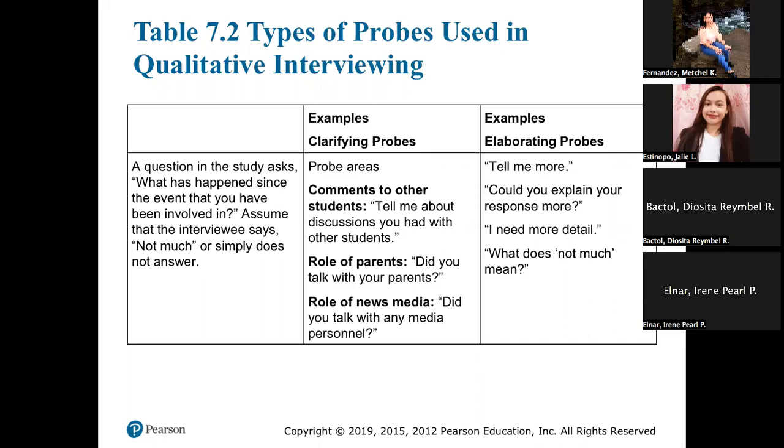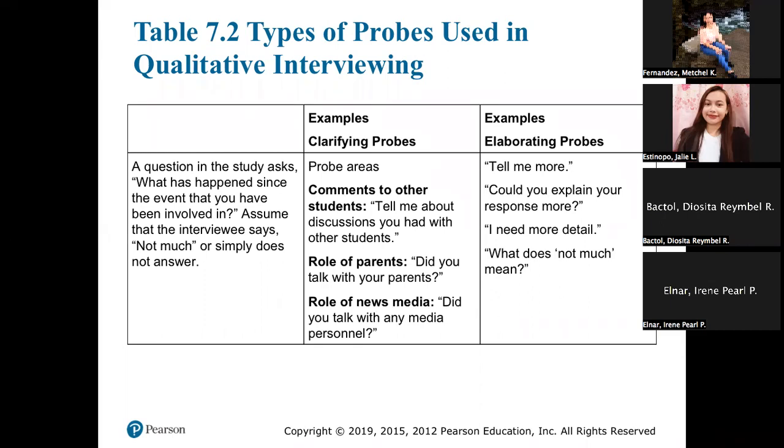So it is mentioned in the previous slide that you are going to have a plan on the items to be asked during the interview. So you have question number one, number two, number three, and so forth. But you need to be flexible. There might be some cases when the participant is able to answer you, but you're not able to get the idea presented in the answer.